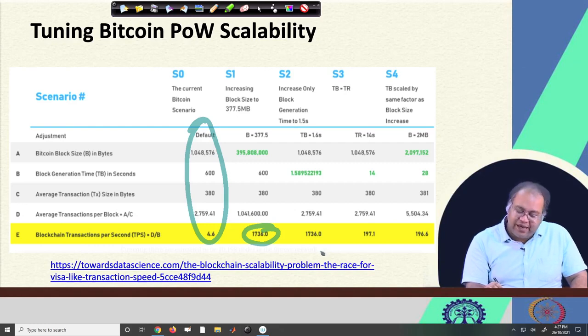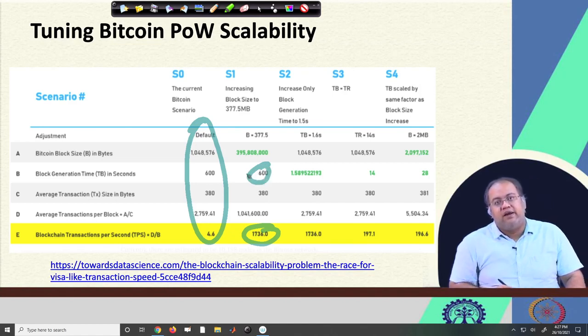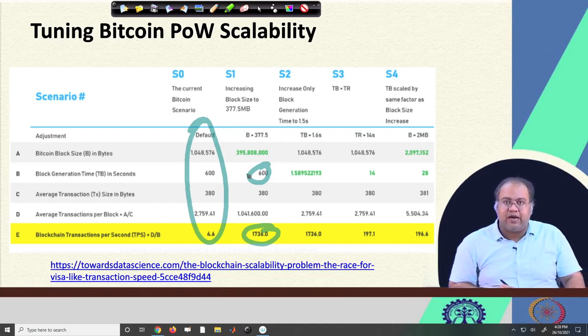What I do is keep the block commitment time the same, at 600 seconds. Then I try to find out for which block size I can reach the transaction throughput of Visa.